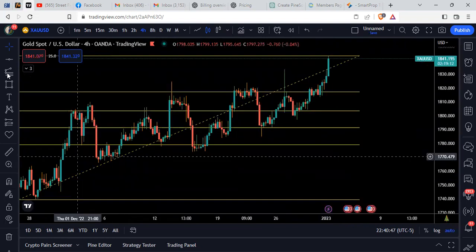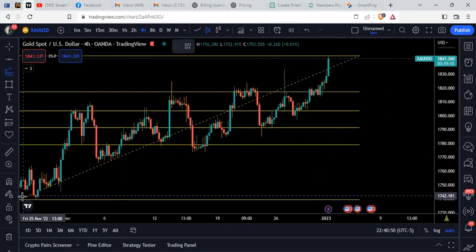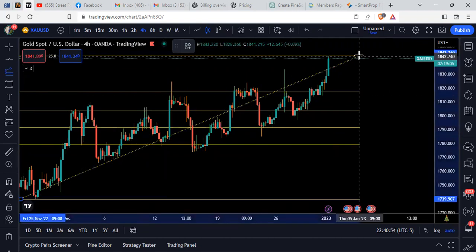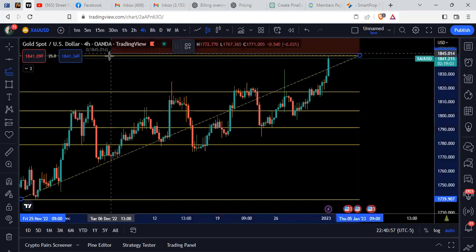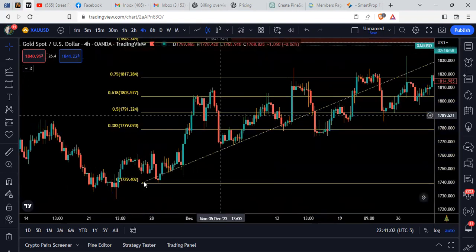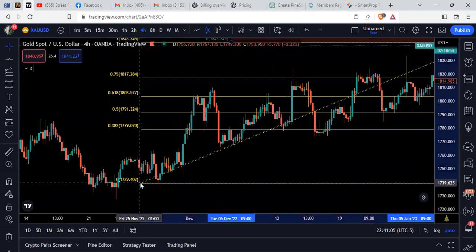Then you use the extension tool the same way, start from the bottom to the top, and you go to the left. That's lined up.